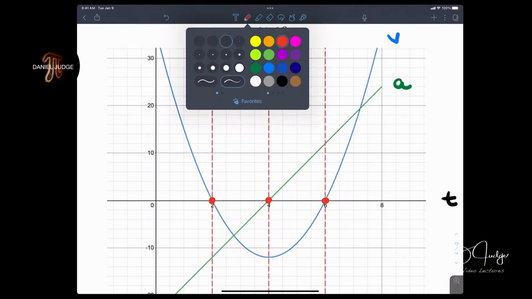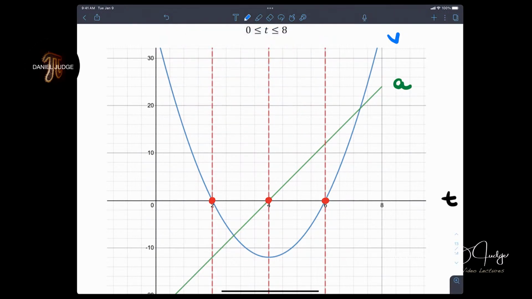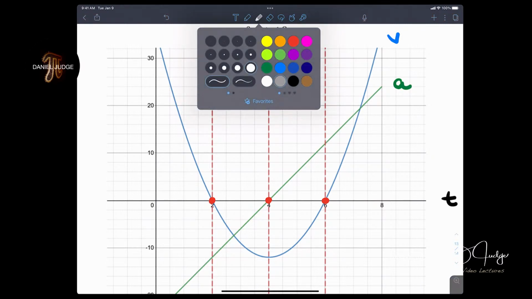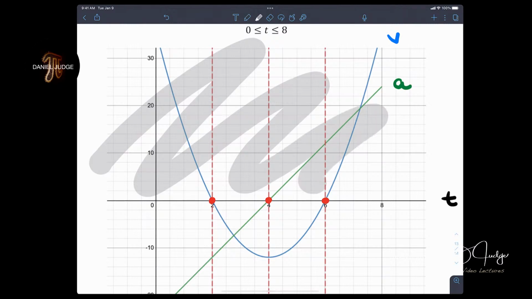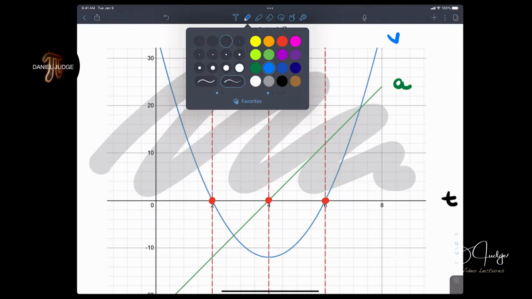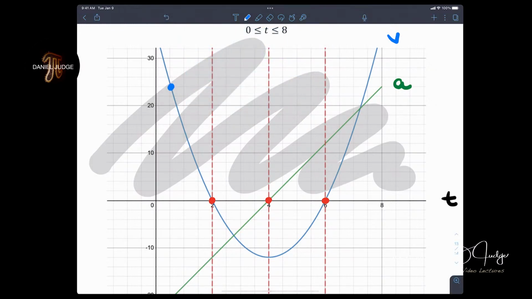What's important to know is every point above the time axis is positive. I take that back.